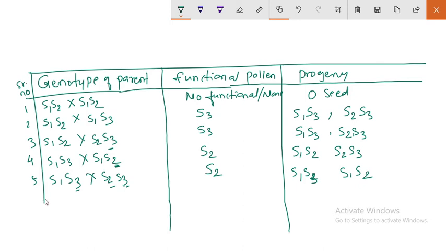Then the sixth case: S2 and S3, this female organism, is crossed with S1, S2.